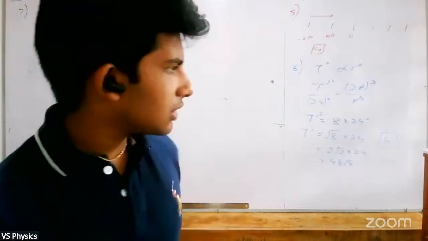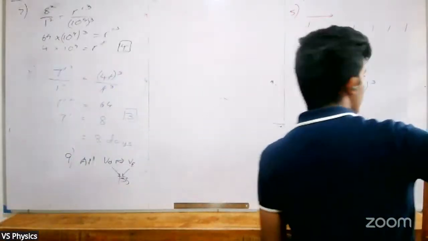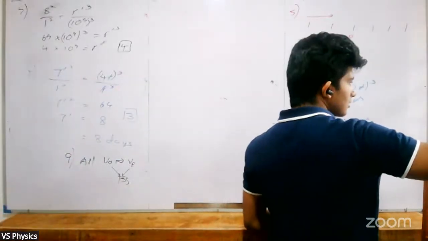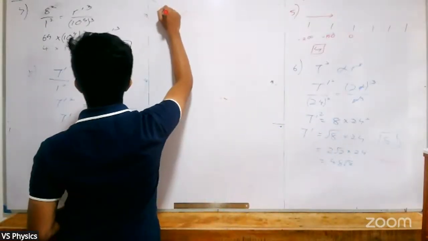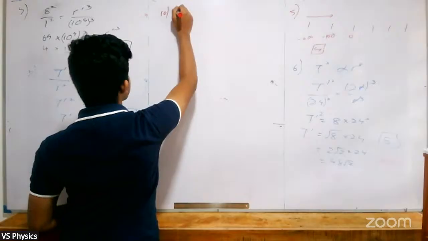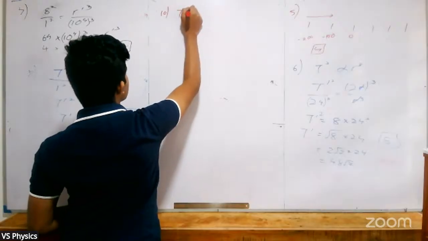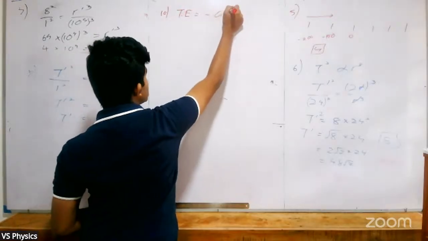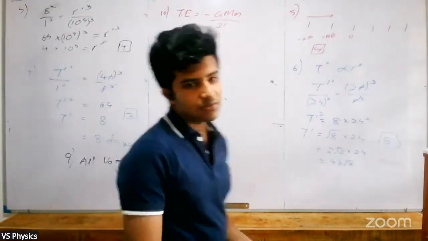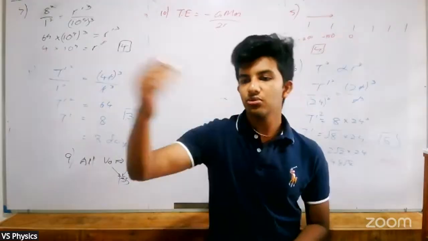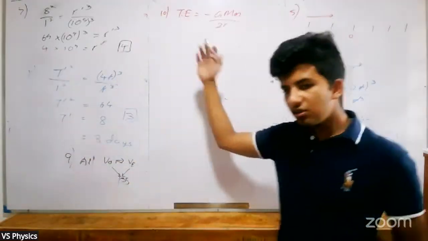I don't know whether you remember, but we have a nice equation. That equation goes as the 10th one: total mechanical energy is equal to minus GMm over 2r. Now, obviously, when the radius increases, it gives you a curved graph because it is in the denominator.